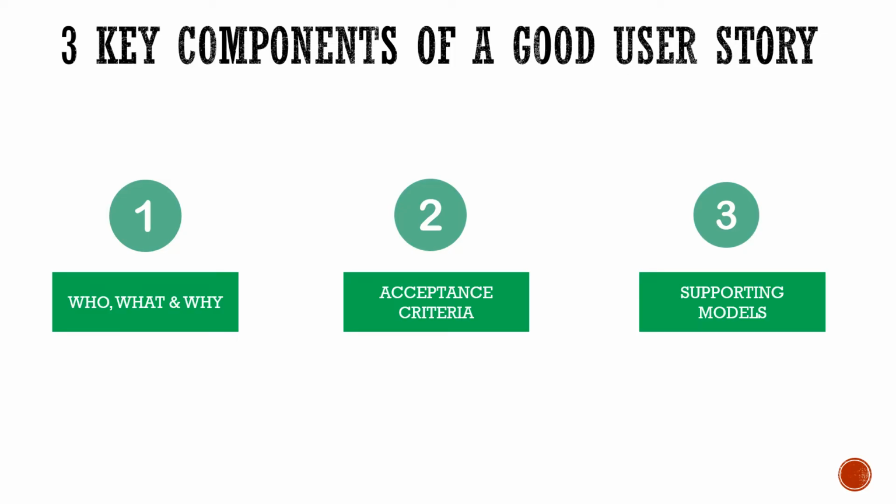This will really help if the team are not sitting together and are widely distributed. And these three components will help the project team to understand the entire user story and help it to be delivered correctly.